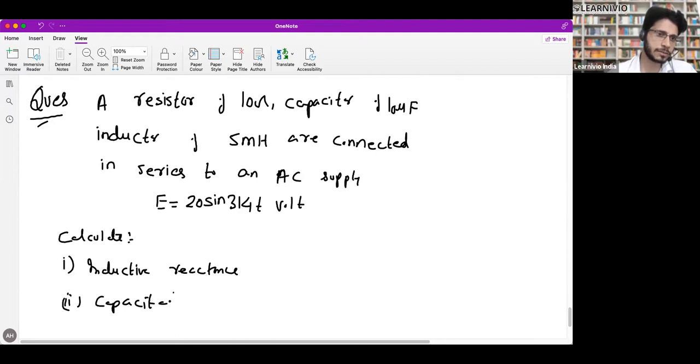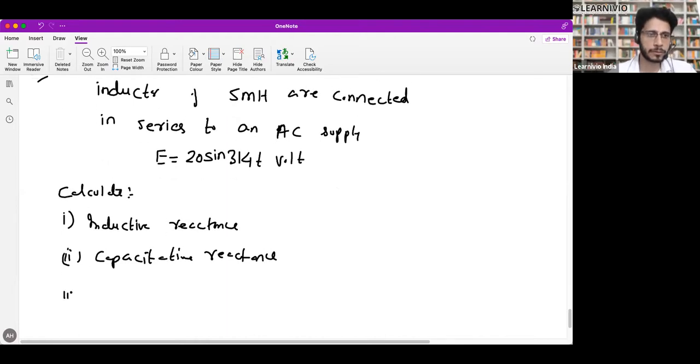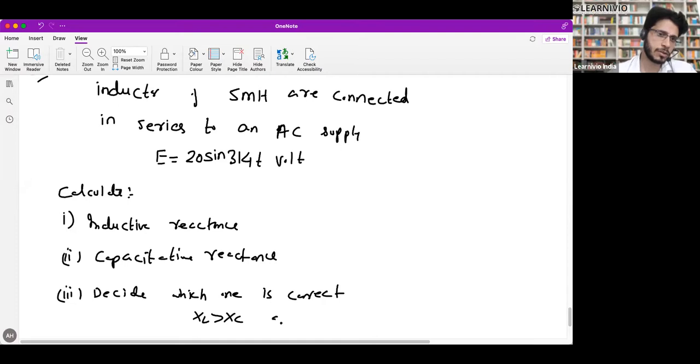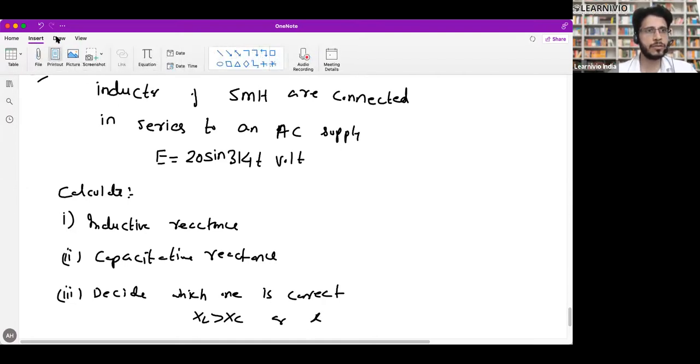Capacitive reactance, third part. Decide which one is correct. XL is greater than XC, or in this case, XC is greater than XL. Which one is correct?